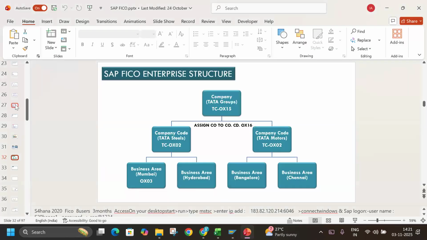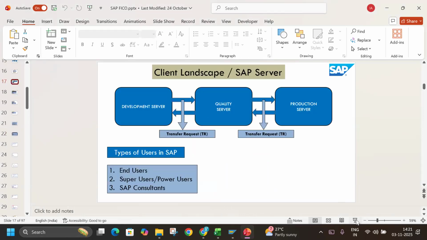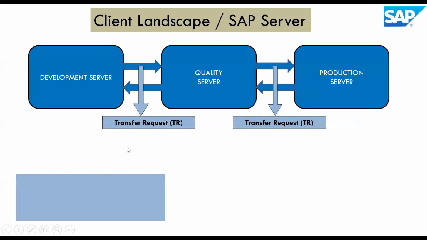See, in the last class, I have told you about this. Basically, whenever you are customizing anything in SAP, it will create a transfer request number. TR number is a request number which has to be released if I want to transfer the data from development server to quality server.